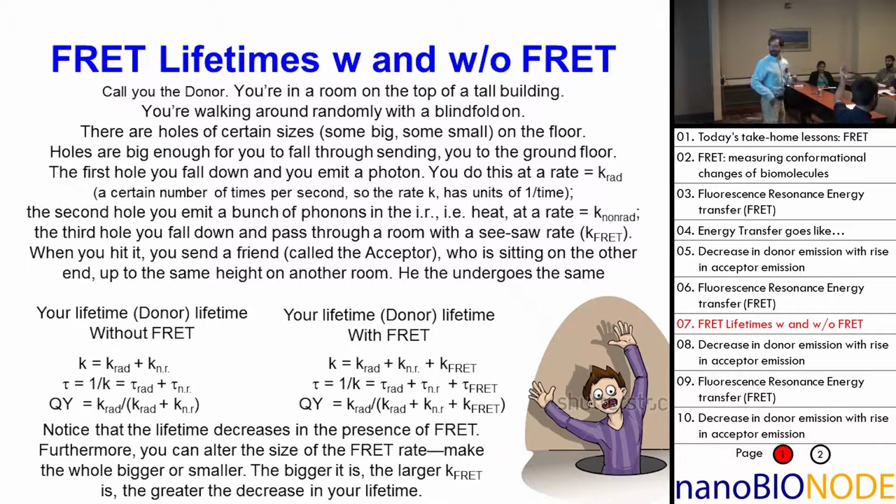So his lifetime, call that K radiative. And 1 over K radiative would be tau radiative. So on average, he will live about tau r. Okay, stand up.